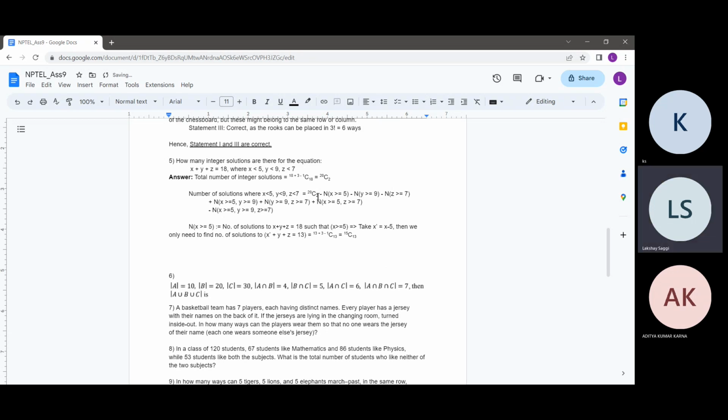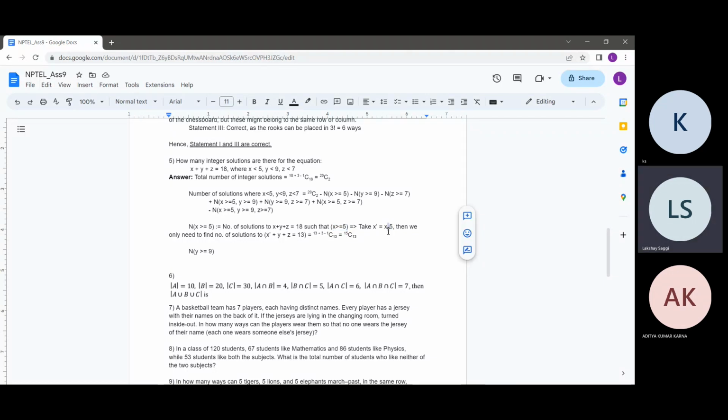Similarly, calculating n of y greater than or equal to 9, you can just do this yourself also. N of y greater than or equal to 9 will be the number of solutions such that y is greater than or equal to 9. So again, instead of y, we take y prime equals y minus 9.